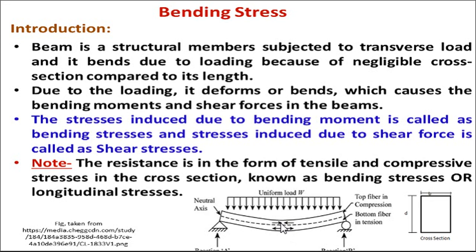So concrete takes the entire compression, because concrete is weak in tension but strong in compression, and steel is strong in tension. That's why this combination is normally used in RCC structures.